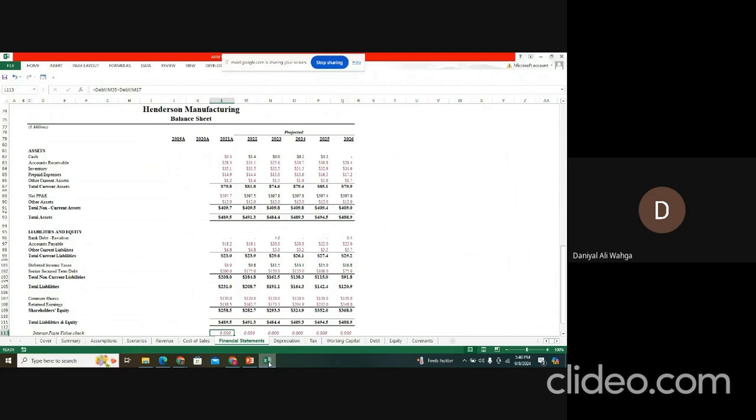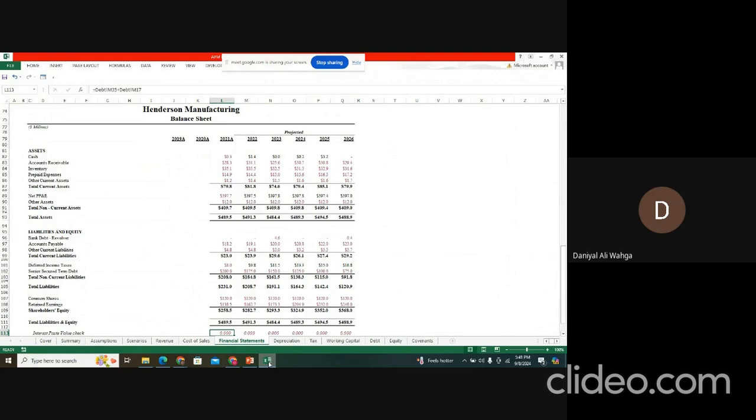Then you have liabilities and equities. In liabilities, I have some other current liabilities, my very important debt revolver, my accounts payable, and my deferred income taxes, as these were part of my income statement as well. I have my senior secured term debt as well, and my closing non-current liabilities.